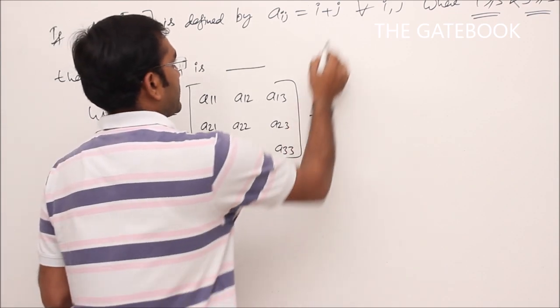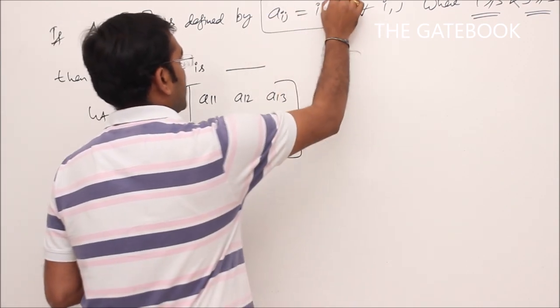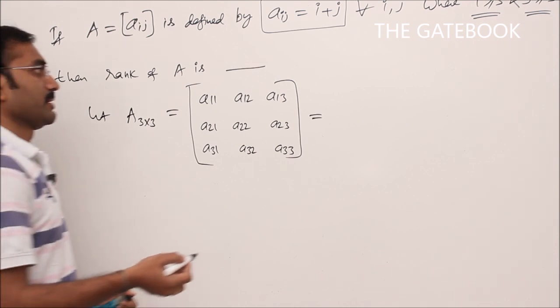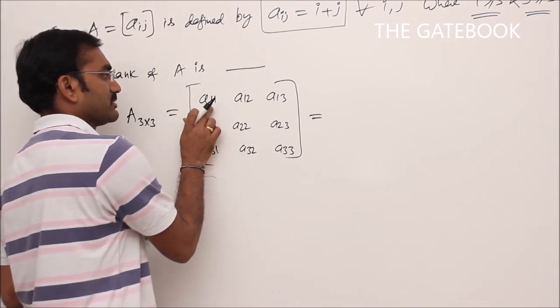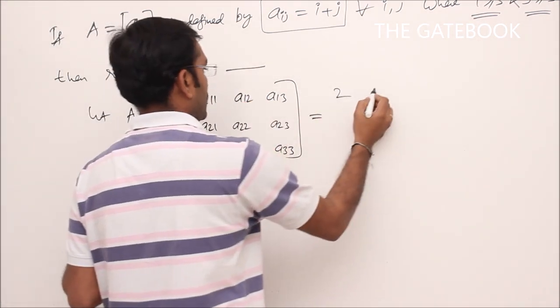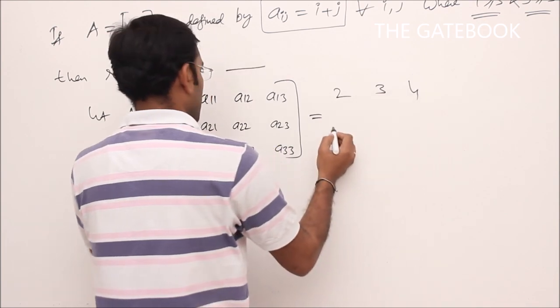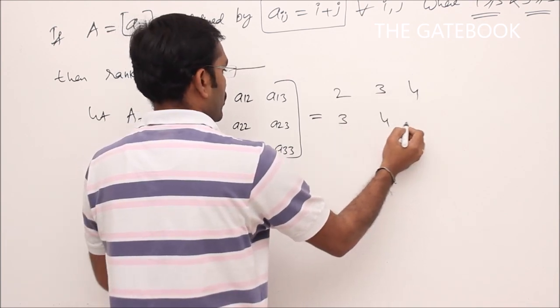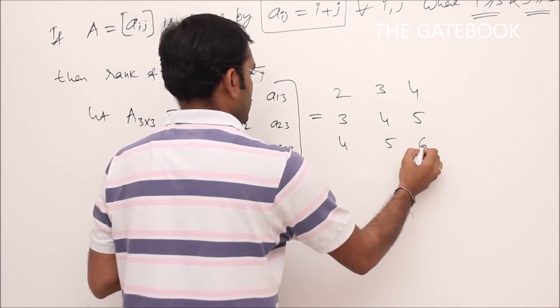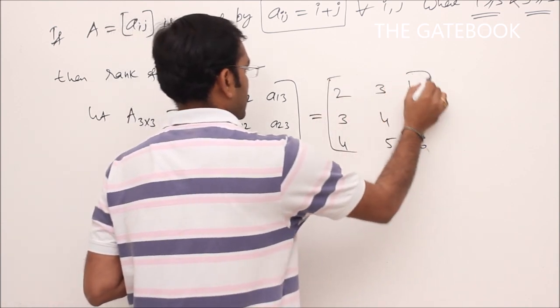Now apply the condition Aij equals i plus j. For the first element, i value 1, j value 1, so 1 plus 1 is 2, 1 plus 2 is 3, 1 plus 3 is 4. Next we get 3, 4, 5, and 4, 5, 6.